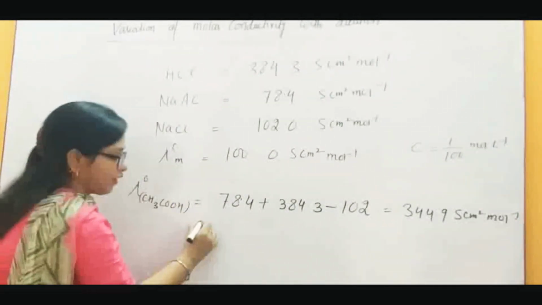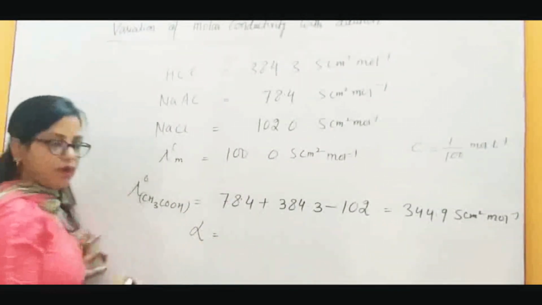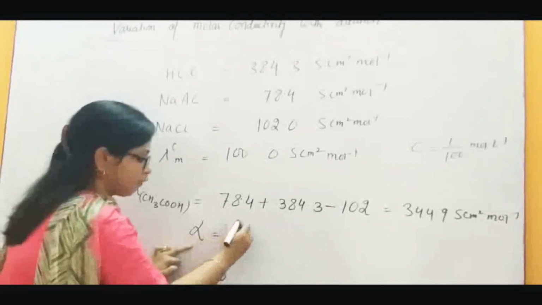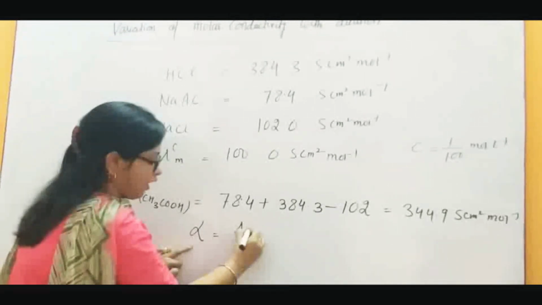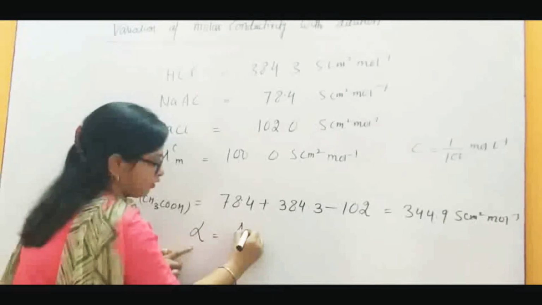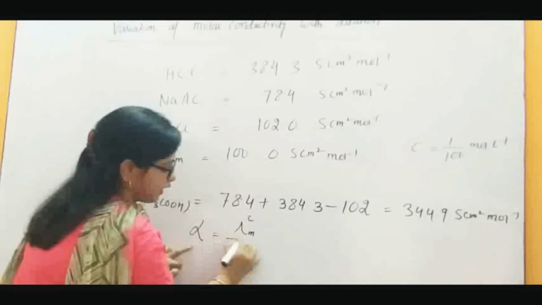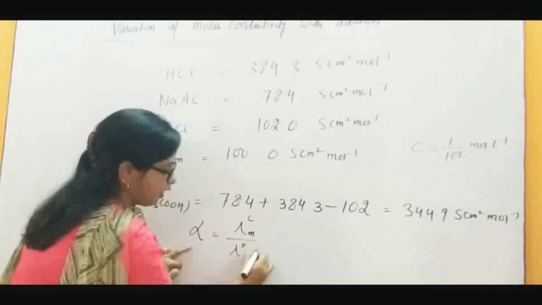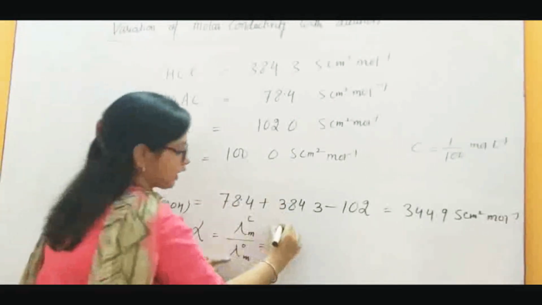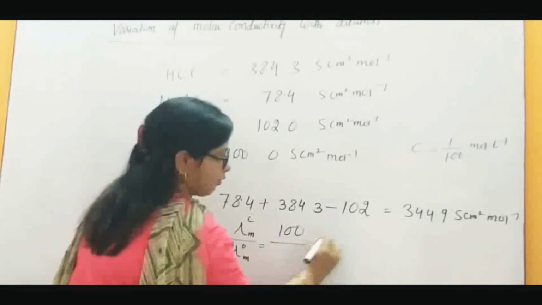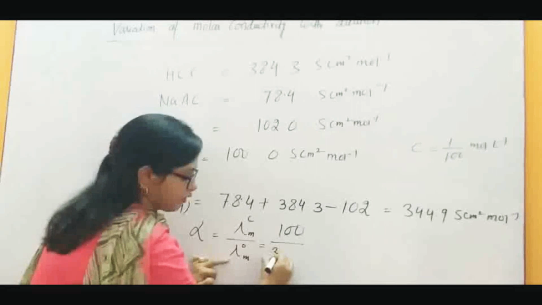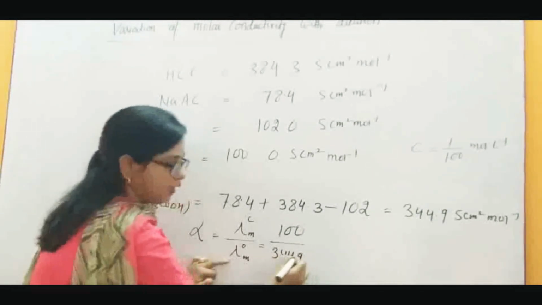Now I will take alpha. What is the formula of alpha? Its formula is lambda Cm upon lambda naught m. According to the question, lambda Cm is given as 100 and my lambda naught m is 344.9.